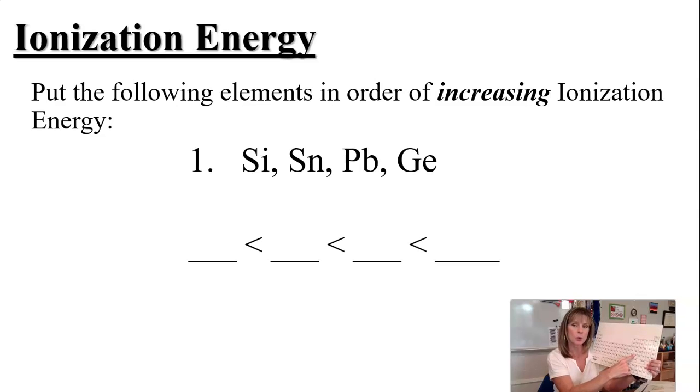So we're going to put them in order of increasing ionization energy. Remember, if it's increasing, it means it's going from the least ionization energy to the greatest. So we said that ionization energy increases that way, so that means as you go up a group, ionization energy will increase. So, lead, tin, germanium, silicon.